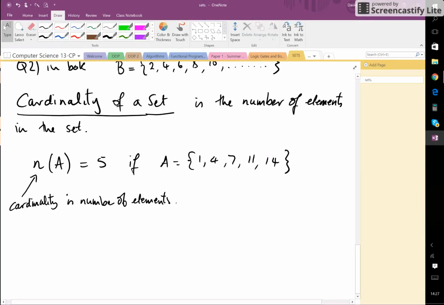Now, some of the sets that we've talked about have got infinite cardinality, haven't they? Okay, and we need to very briefly discuss this. So let's say something like Z has infinite cardinality.